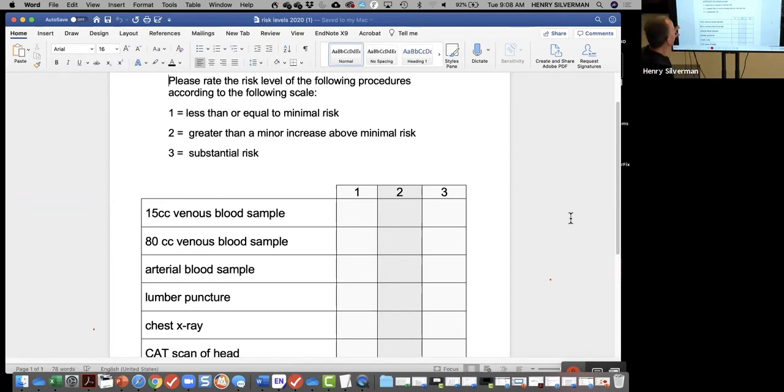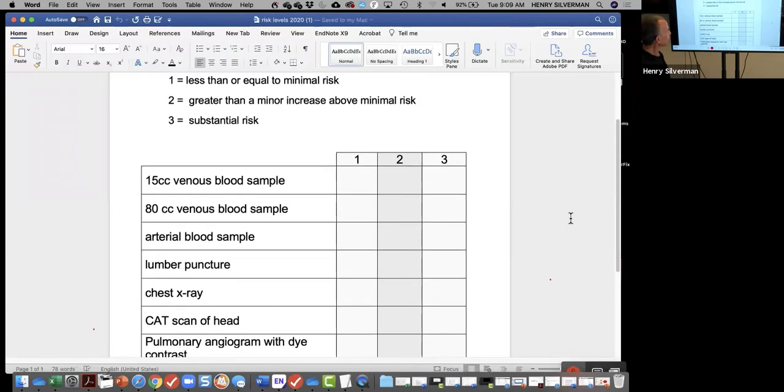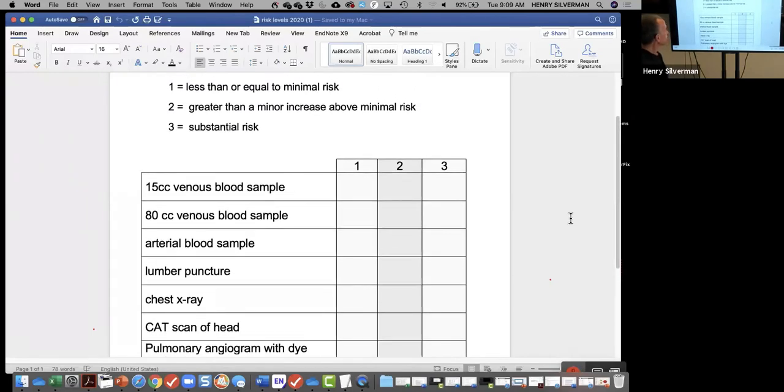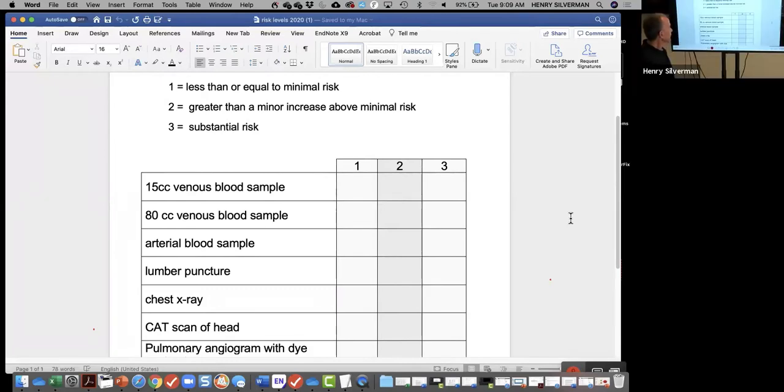So I have here some common procedures done in the clinic, and we have three choices to rate these procedures as less than or equal to minimal risk.